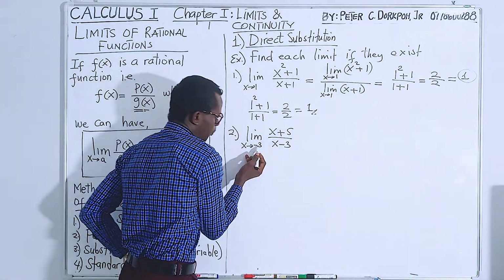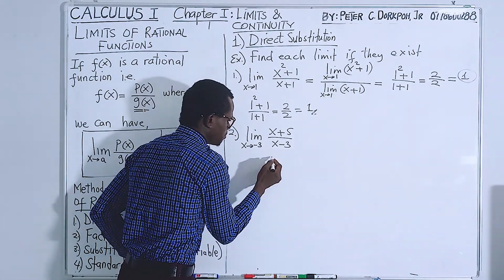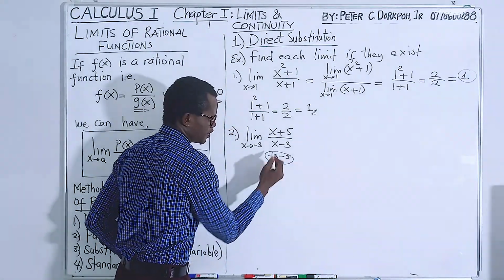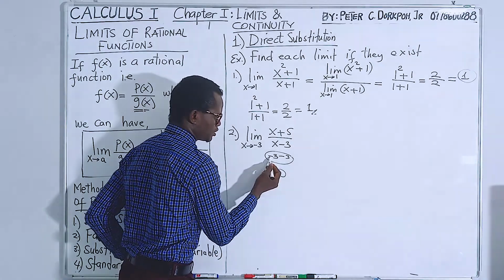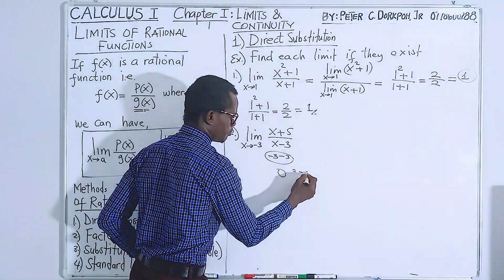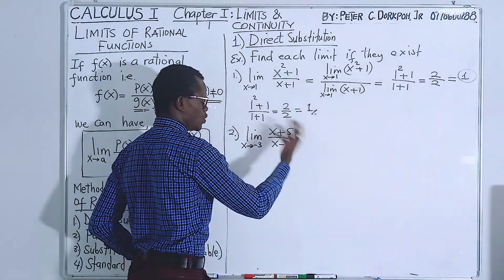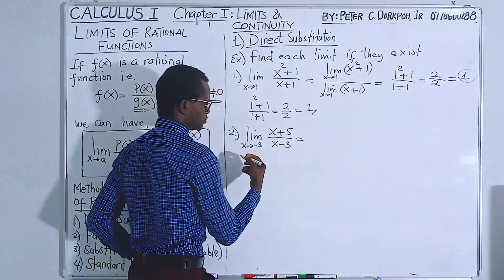So test: put the minus 3 down here. If you put minus 3 right here, can this give you 0? No, because minus 3 minus 3 is equal to minus 6. Because the denominator is not 0, we can just apply the limit using direct substitution.